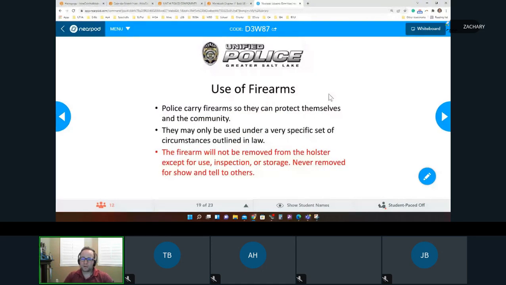The use of firearms, okay? The firearms will not be removed from the holster except for use, inspection, or storage. Never shall be removed to show or tell others, okay? I always wanted to see the gun that the police officer was carrying, right? But they are under strict order by law that they cannot remove that firearm except for certain things.